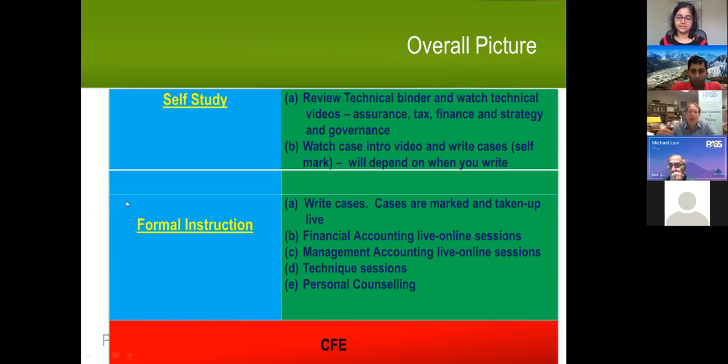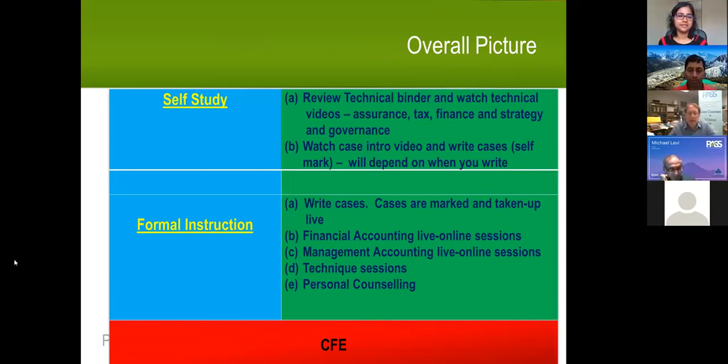Just to get a look at the overall picture, this is the overall picture. Some of the program is self-study. So we send you a technical binder, a hard copy binder, whether you're in India or Canada. You watch videos. You're studying on your own. You could also write some sample cases on your own after you watch an introduction to case writing.